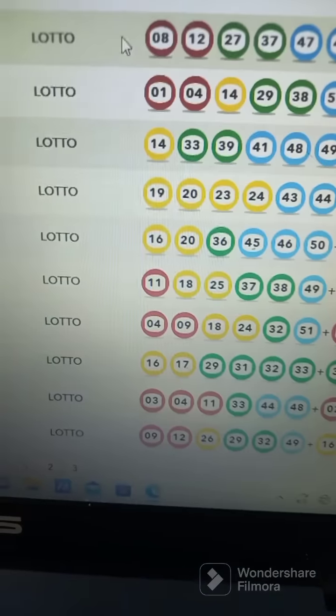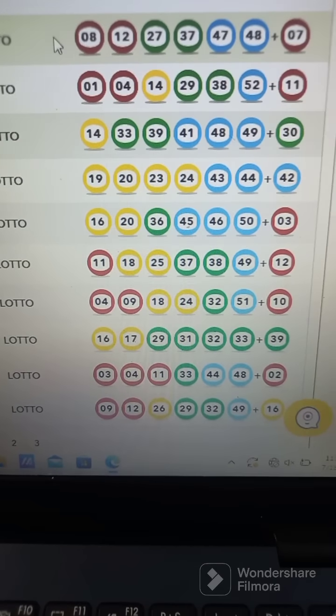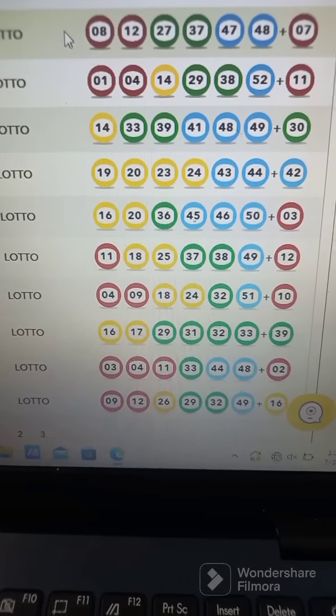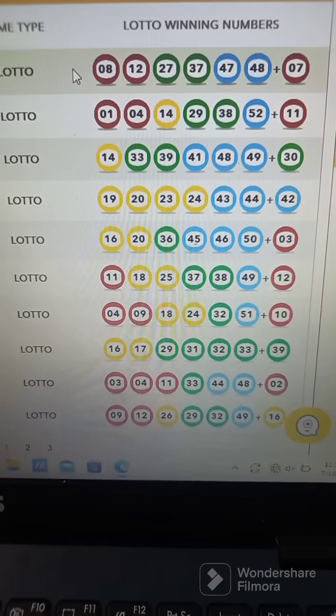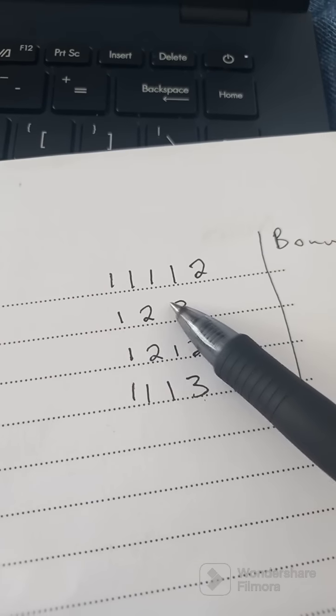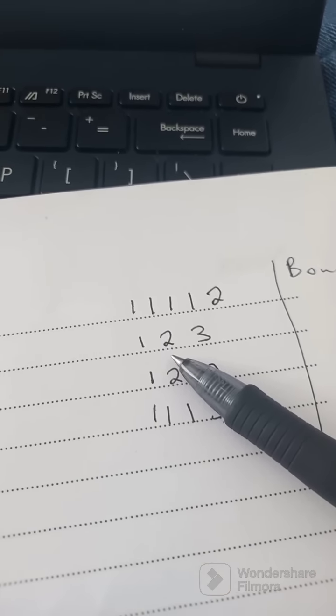Now, as I said, in the following part of this video, we are going to look at how long they take to change the pattern. And in this pattern, how do you know which group they are going to take from?